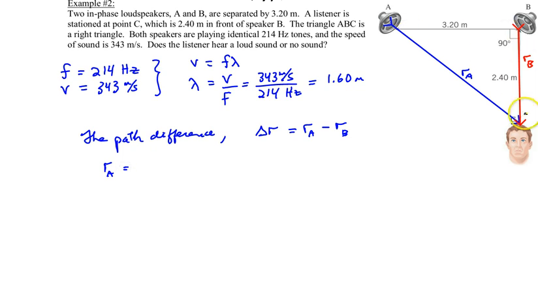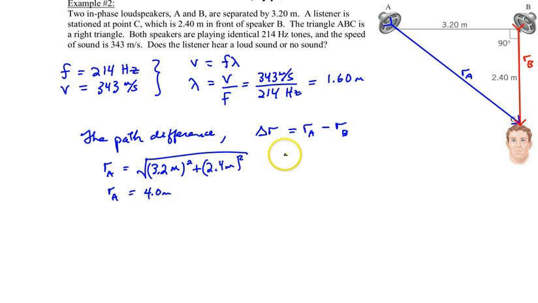Since it's a right triangle, you can use the Pythagorean theorem. That would be 3.2 meters squared plus 2.4 meters squared, the sum of those two, and the square root of that. That gives you a distance of exactly 4 meters. So the path difference will be 4 meters minus this distance here, which is 2.4 meters.